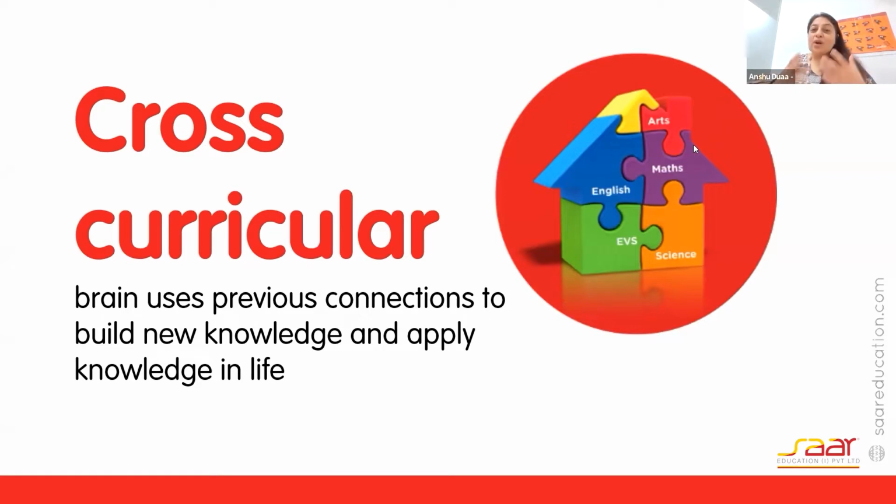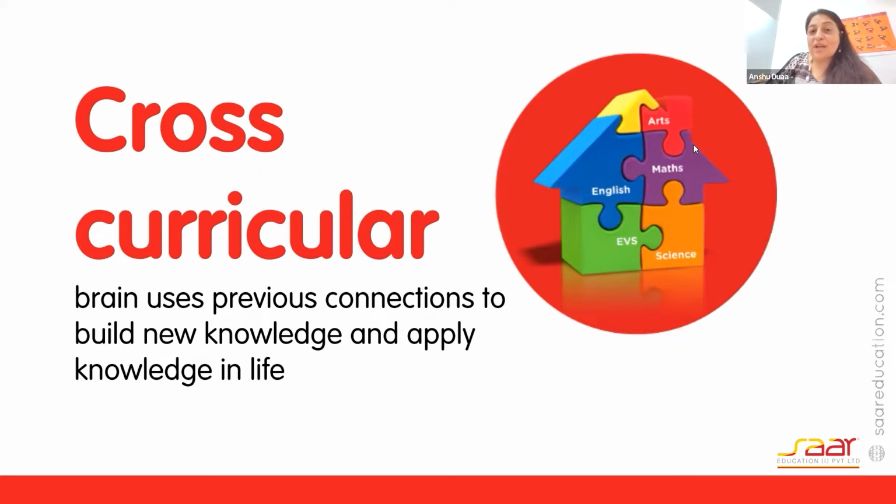When you do a cross-curricular approach, that means if I'm talking about numbers in maths, but I also use numbers while teaching English, then the child will have a built-on, stronger approach to deal with numbers. So when you do a cross-curricular approach, your brain uses previous connections to build new knowledge and apply knowledge in life.